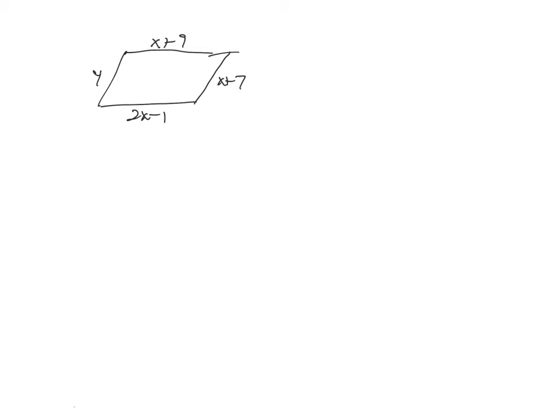Well, I'm still going to just do 2x minus 1 equals x plus 9, because if the opposite sides are congruent, I'm good. I wouldn't want to use the y and the x plus 7, because they're different letters. So start with this one.